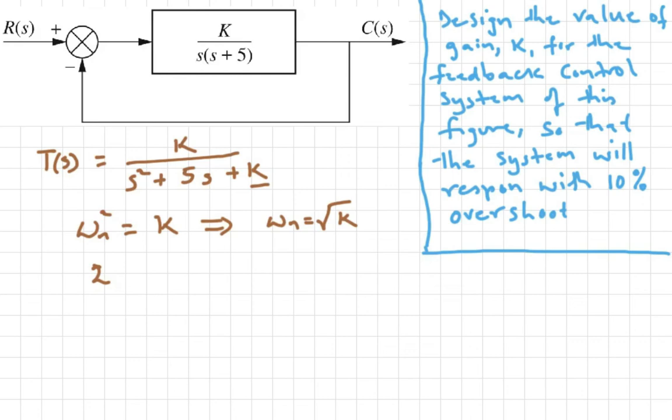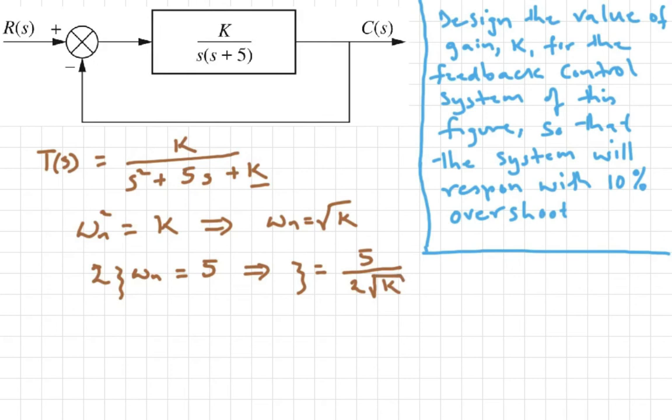Then 2 zeta omega n is equal to 5. And so from here, we can also see that our zeta is then equal to 5 over 2 square root of K.